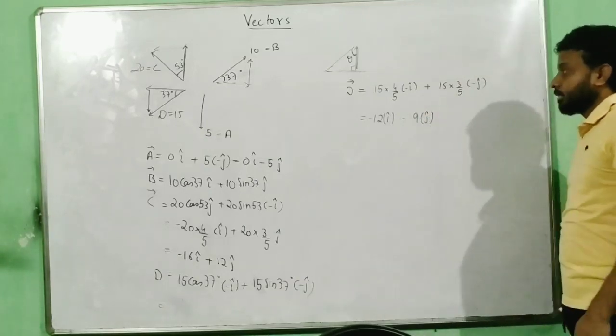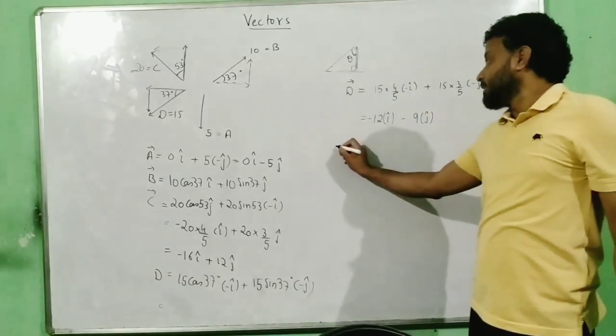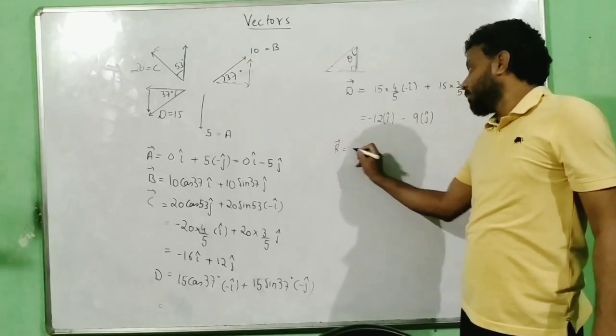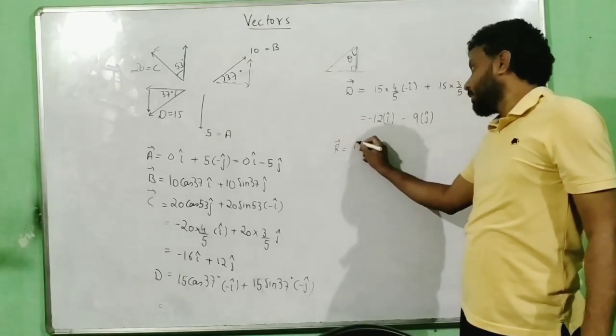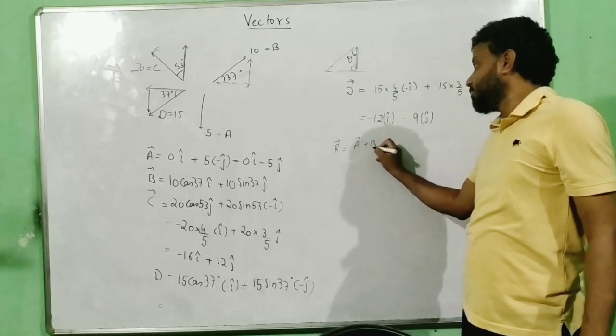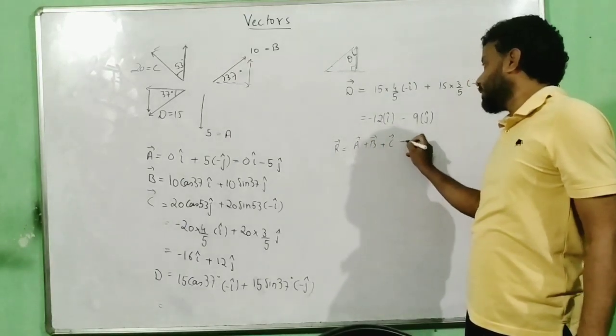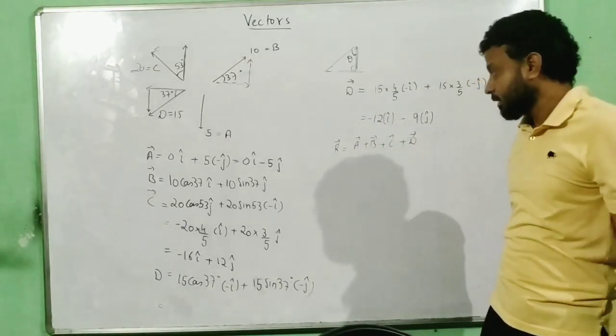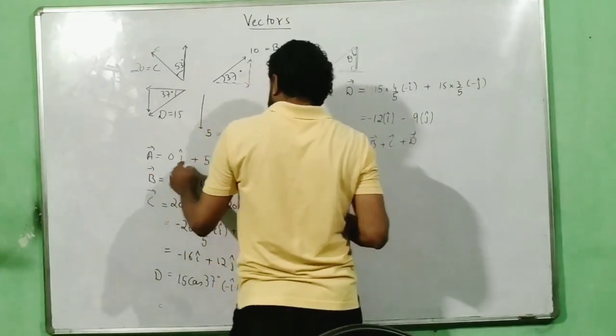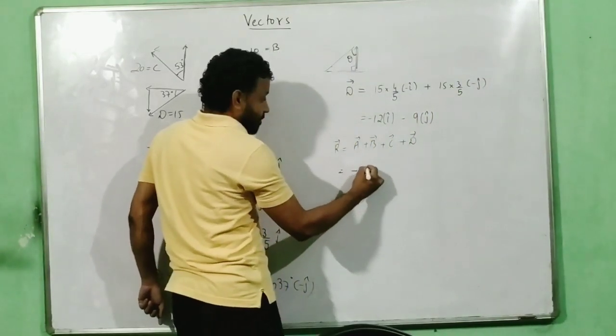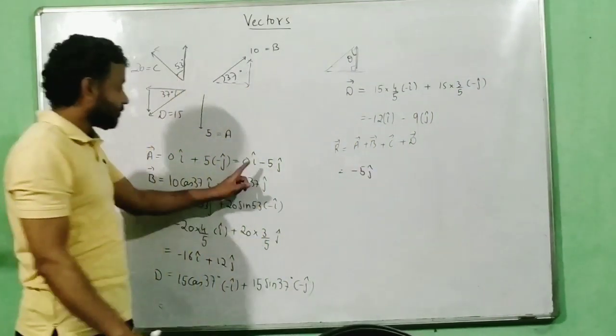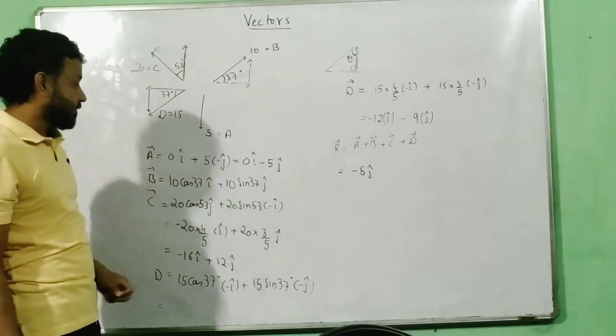Okay, and now how to find the resultant? The resultant will be equal to A plus B plus C plus D. Now what is A vector? A vector is minus 5 j cap, that is, 0 I cap and minus 5 j cap.